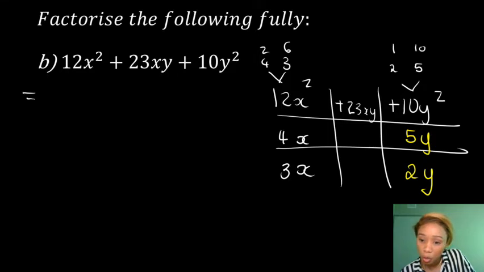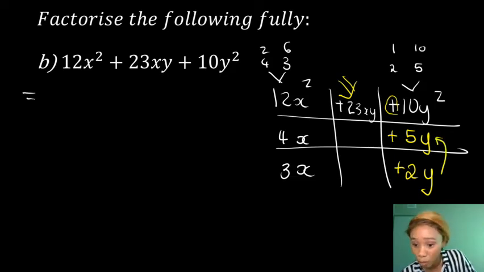It must be in an order where it's actually going to give you the 23, right? So what I've done is I'm going to just put positives here because positive and positive does give me this positive here. In other words, 5y times 2y actually gives me positive 10y squared, right? Now, let's see whether we are actually going to get the middle term. That's the thing.